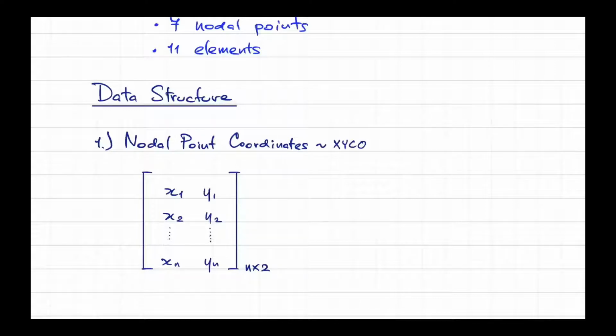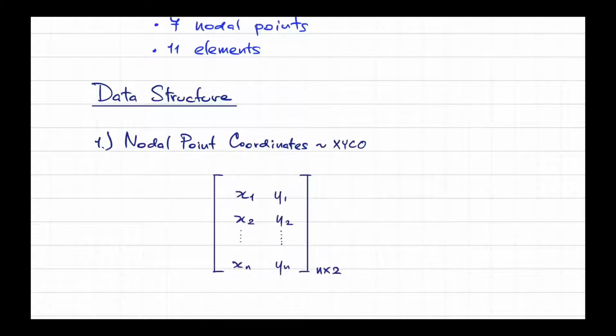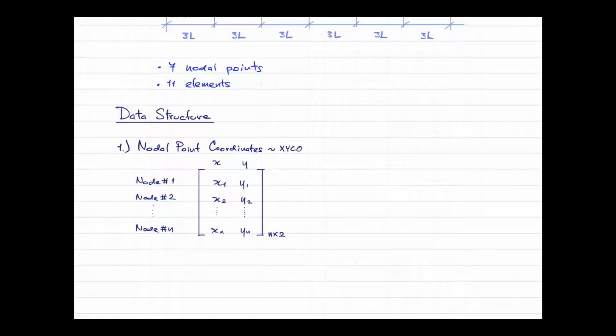So the first row is node number 1, node number 2, node number n. So this 2D matrix, two-dimensional array, stores the geometry of the nodes, the locations of the nodes.